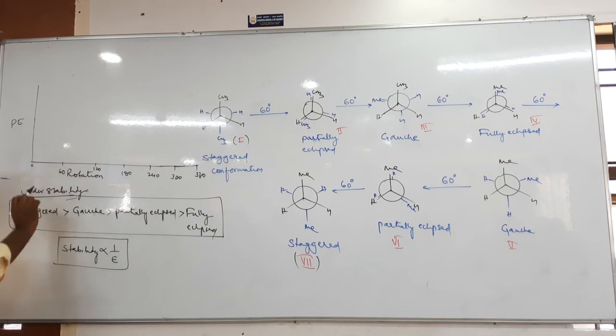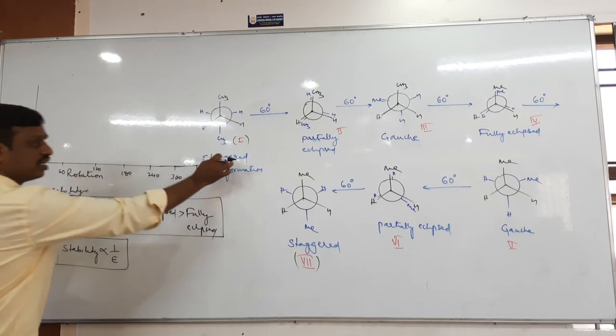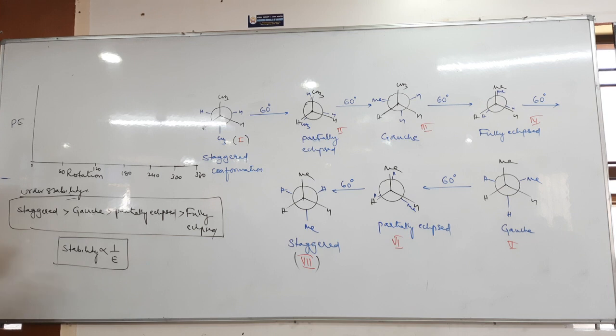Now can you tell me whose energy is more? First, what is the energy of staggered? Energy is least, so I'll take the energy here for staggered. After staggered, whose energy is more?